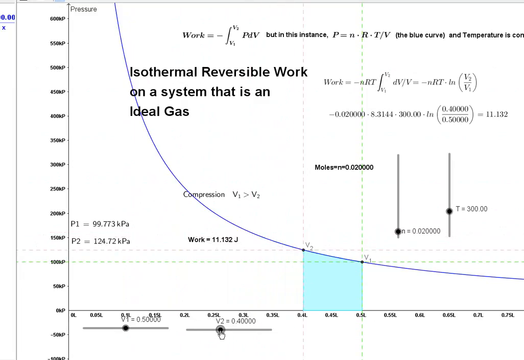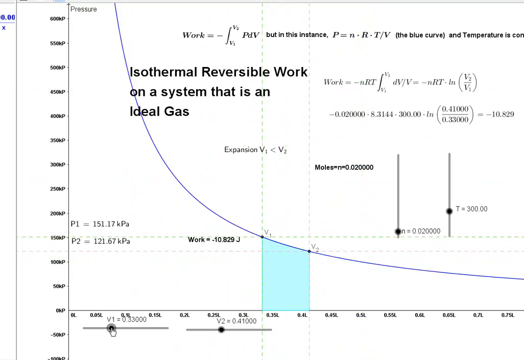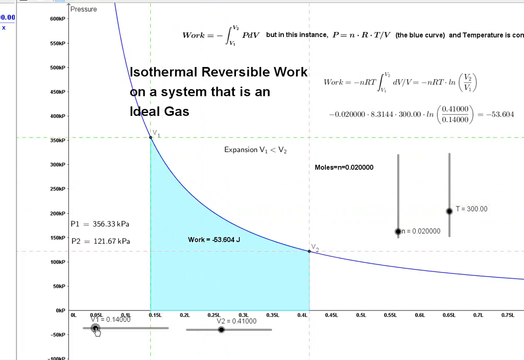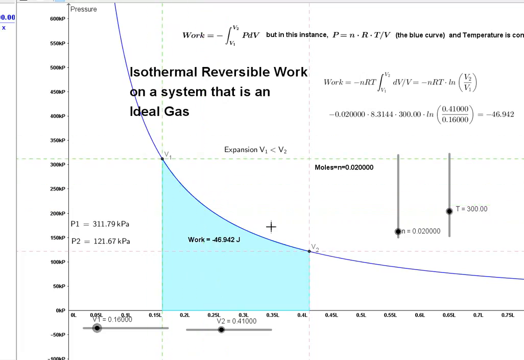So we will bring the volume there down. We'll bring the volume here the other direction. You can see that now, as we go from V1 to V2, we'll actually be doing an expansion, and in an expansion, the work will be negative. This particular worksheet is online, and there's a link to it given down below in the notes. And it is live online. You can use it just the same way I'm using it. You can also download it and change it.